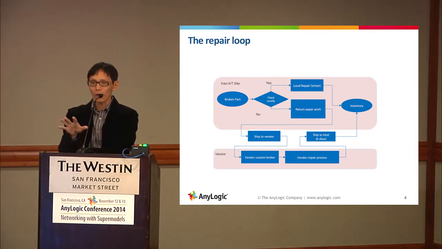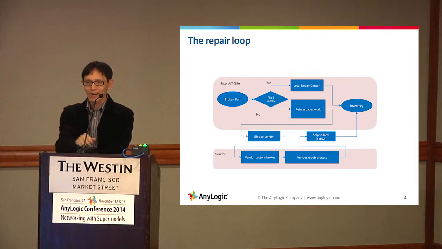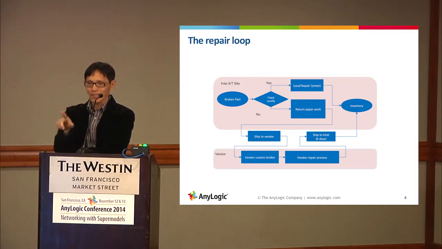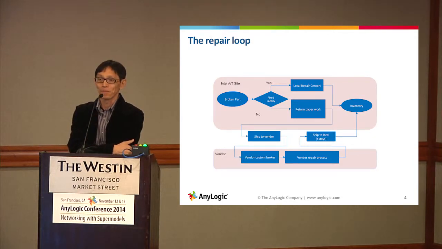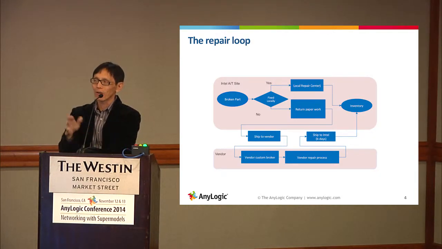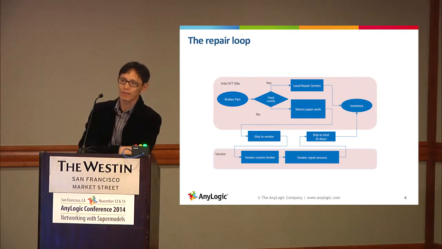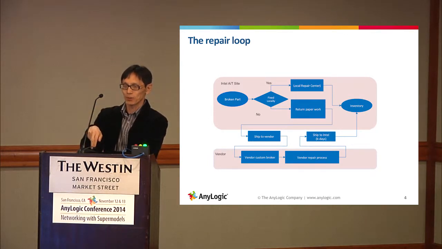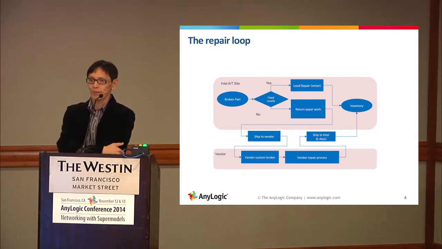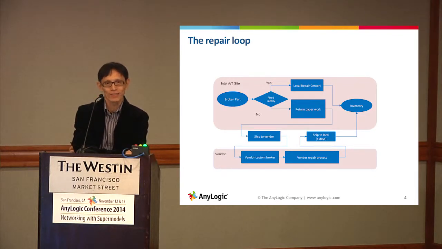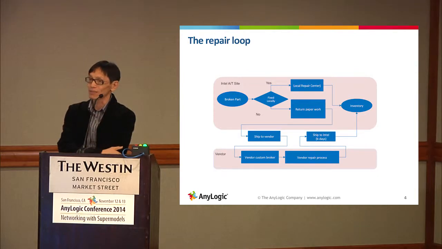If we can get all the information we need, like the failure rate, how often it fails, the time at each process step, and the percentage of parts that can be fixed locally and at the vendor's repair center, then we can run a simulation and show the current situation.